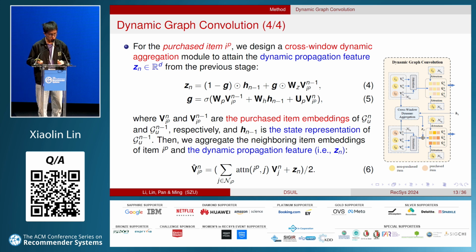We call this feature the dynamic propagation feature, and we symbolize it as Z. Note that the stage representation we will introduce later. Then we calculate the mean pooling result of Z and the weighted summation of the neighborhood item embeddings. We take this result as our final purchase item representation.